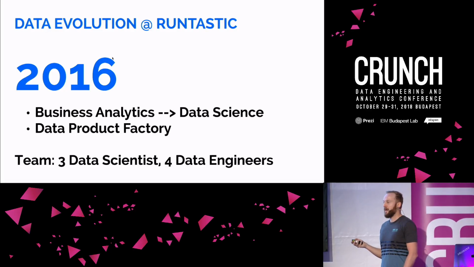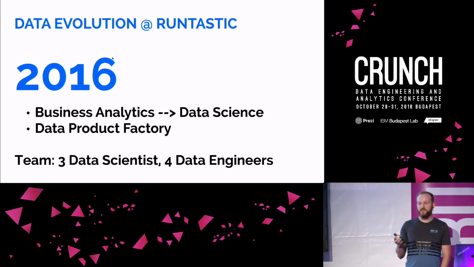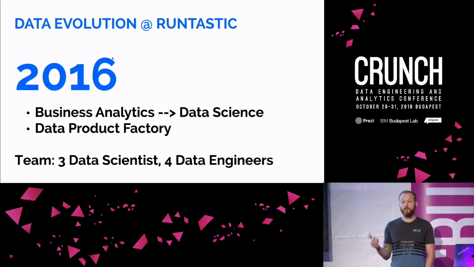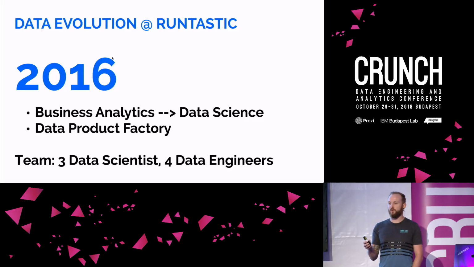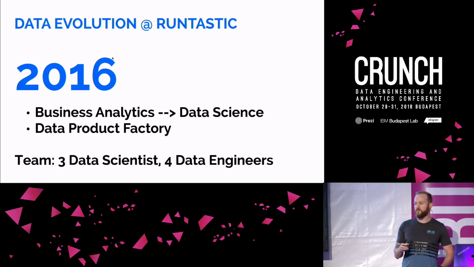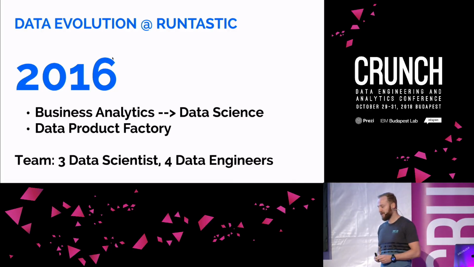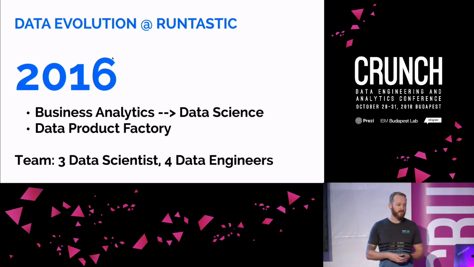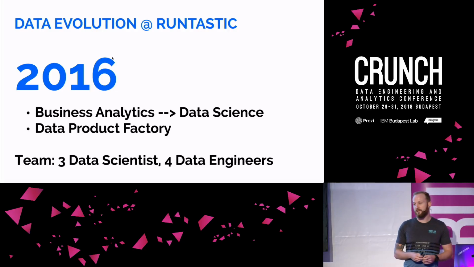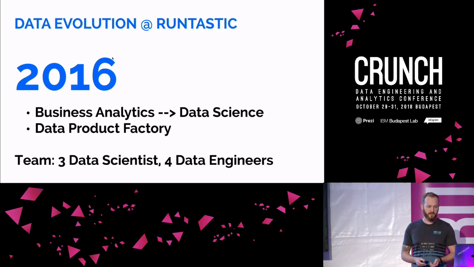My thought back then, already in the position of team lead, was that the things happening on the corporate reporting side, which we had pretty much automated by that point, could also be done by data scientists while giving them enough time to work on more interesting things. So only 1 year later we had scaled to 3 data scientists and 4 data engineers.